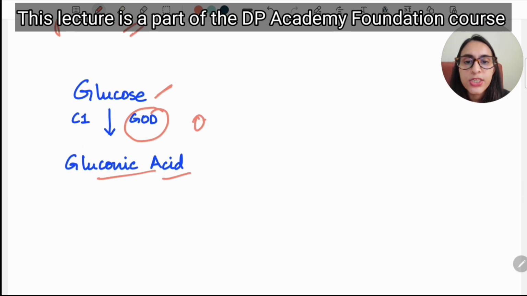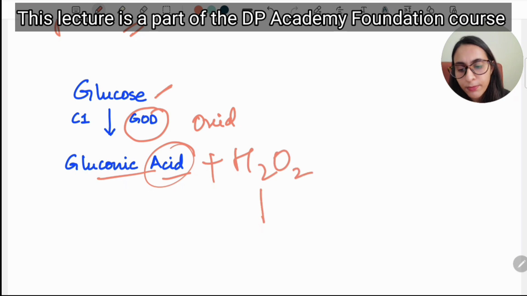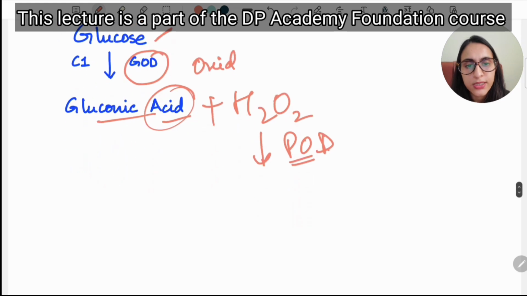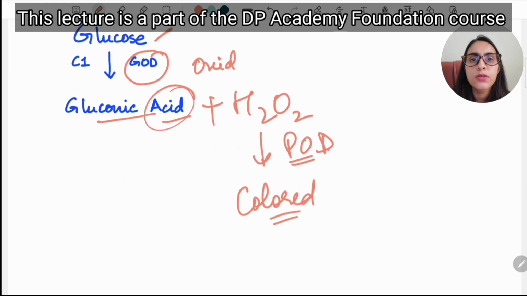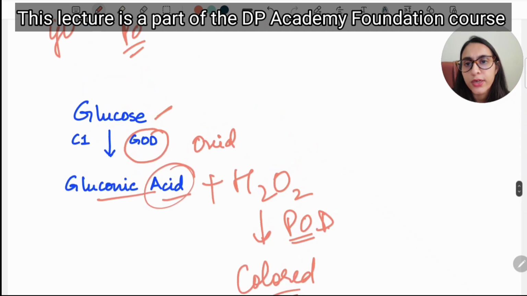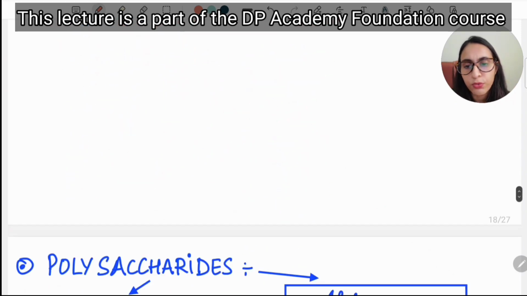We know that oxidation of a monosaccharide causes acid, and reduction causes alcohol. So if you oxidize glucose, it forms gluconic acid plus hydrogen peroxide. Now in the presence of peroxidase enzyme, that is POD, it forms a colored compound, and we can measure the blood glucose from this colorimetry. That is why it is used for measuring blood glucose.